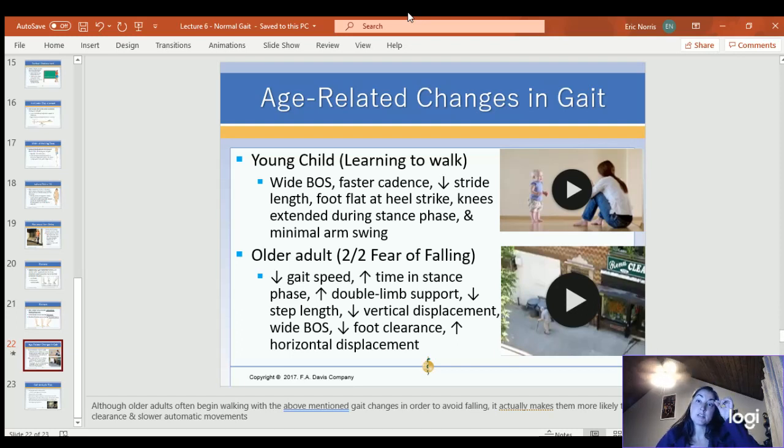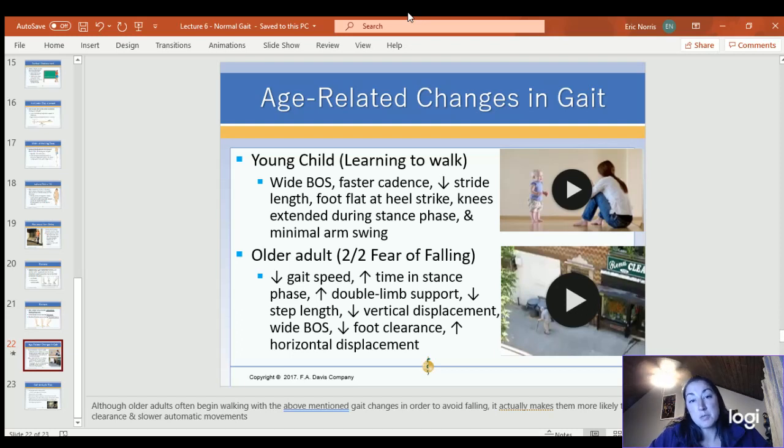And so as they see a neighbor fall or a friend fall and get hospitalized and never return home, they get scared of falling. They know that that is typically the beginning of a bad turn of events and often change their gait pattern in order to try to avoid falls.